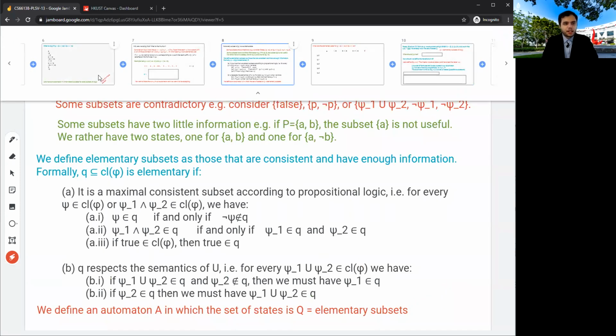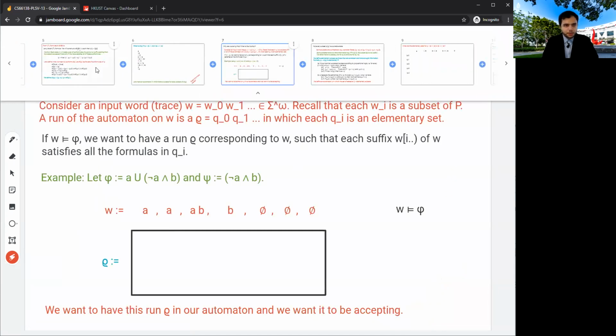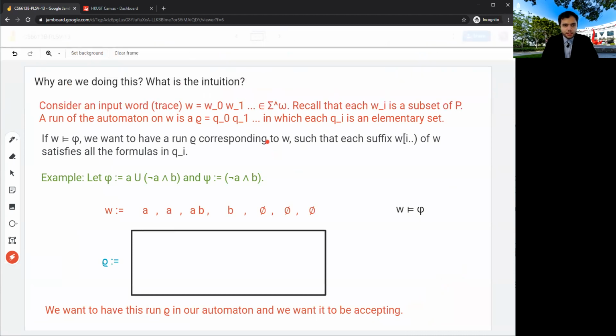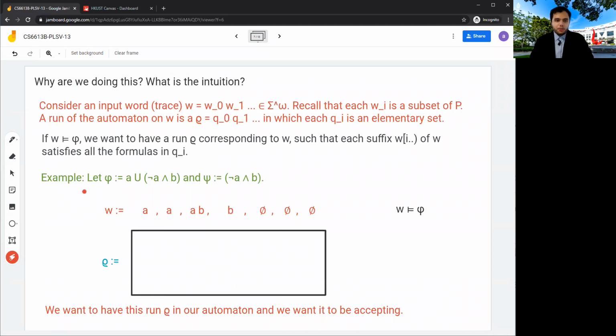Okay. Now, before talking about how to simplify, let me talk a little bit about the intuition and then I'll come back. Okay, so we have an automaton and every state of our automaton corresponds to a subset of these formulas which are in the closure of phi. Now, what do I want to do?